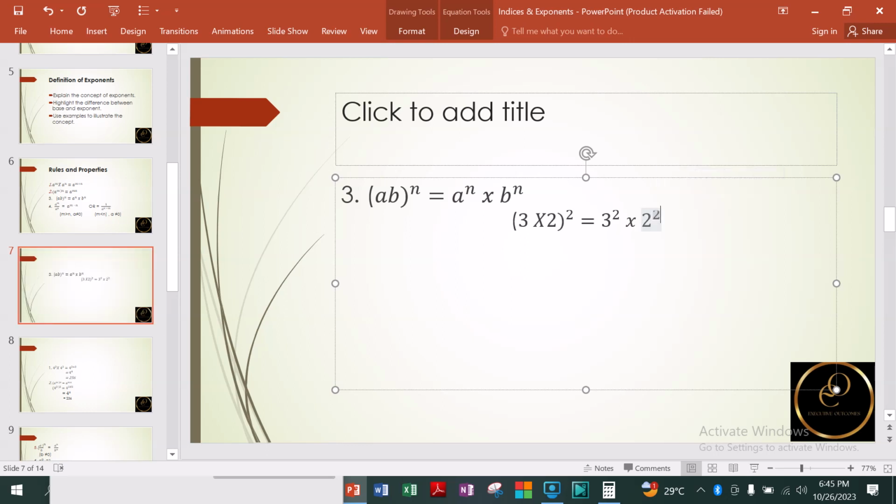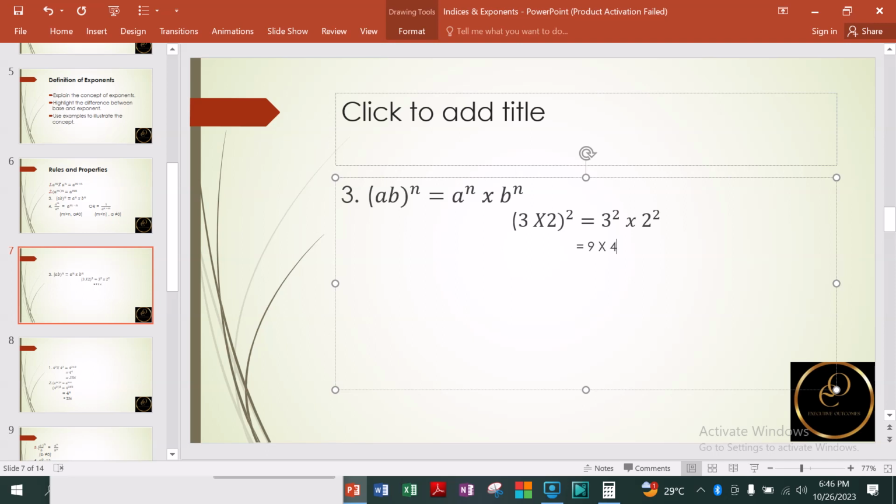Okay, so what does it give us? We see that this one will be the same as 3 squared, which is 9, times 2 squared, which is 4.